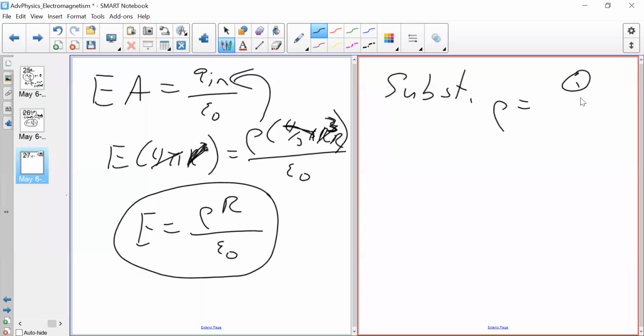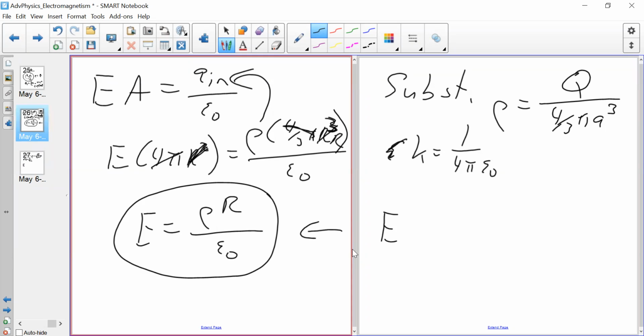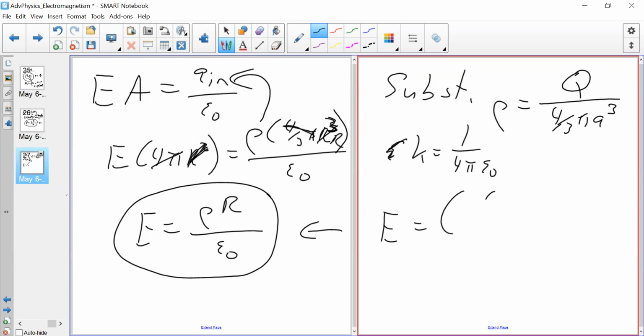So we'll have Q over 4/3, not pi R cubed, but pi A cubed, over epsilon naught. K is 1 over 4 pi epsilon naught. For E, we're just going to simplify that, equals rho times R, right?